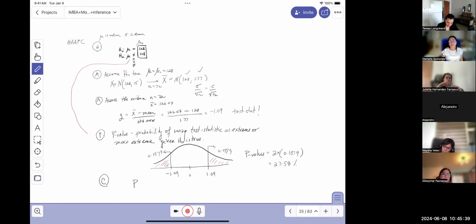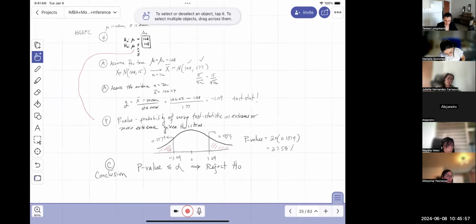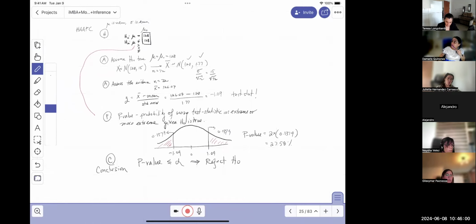Because for every question, notice I'm going to write the same thing that I did before as the concluding step. P-value less than or equal to alpha means reject H naught, but our p-value 27.58 is not less than 5% that we use.